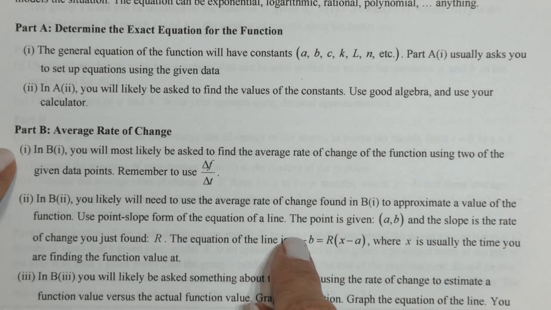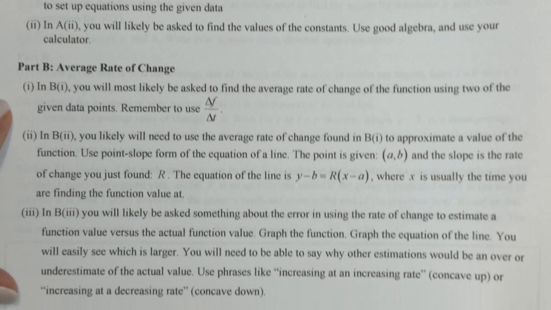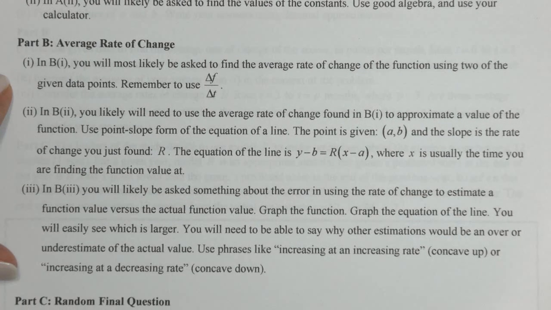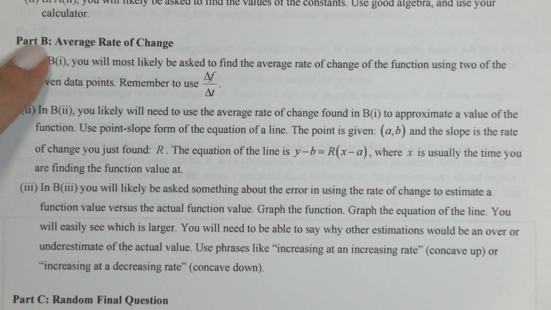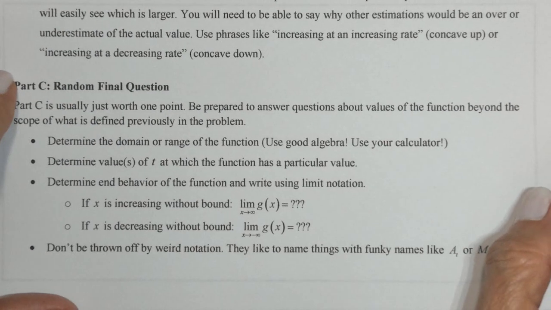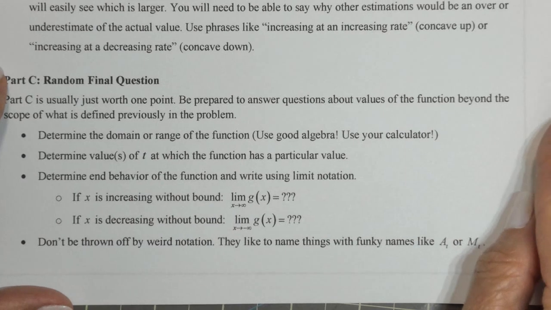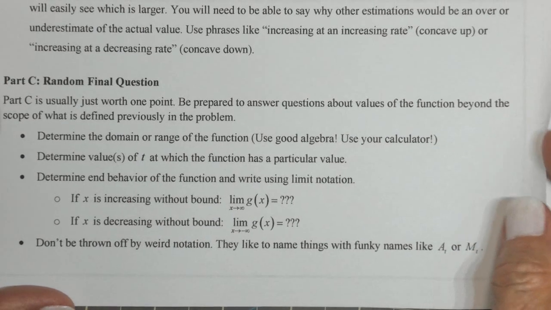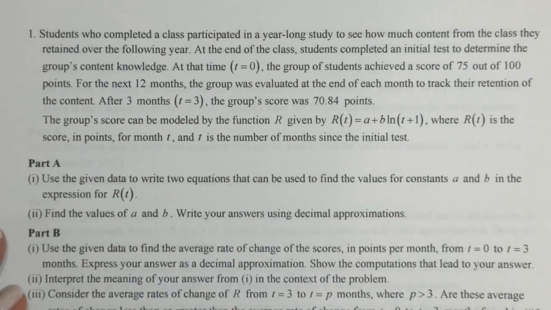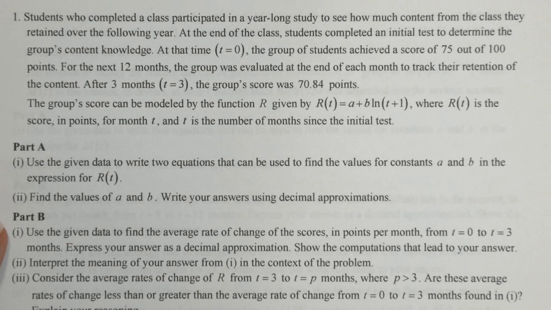Part B, from what I've seen, is almost always using average rate of change of the function. And then Part C is something different. It could be a variety of things. So read through this, but we're going to go ahead and go to an example. We're going to do 2 of these, and then you have 3 to do for homework. Okay.